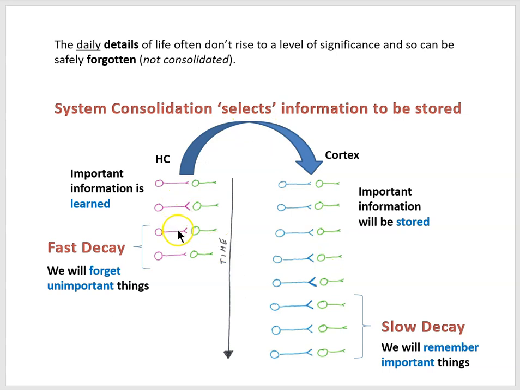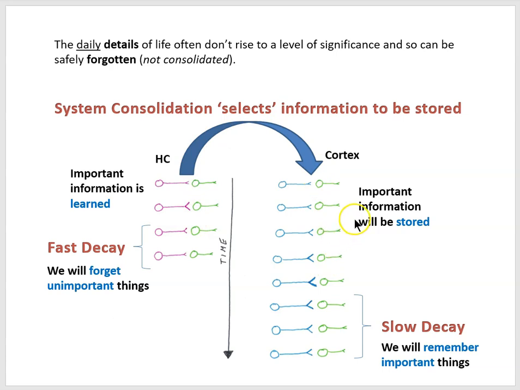But as we've just seen, the memory traces in the hippocampus will tend to be about important things. Unimportant things tend to just not make durable memory traces in the hippocampus, and so won't be available for system consolidation and storage in the cortex.